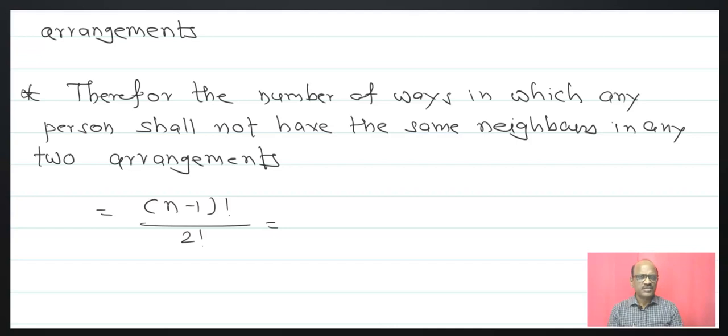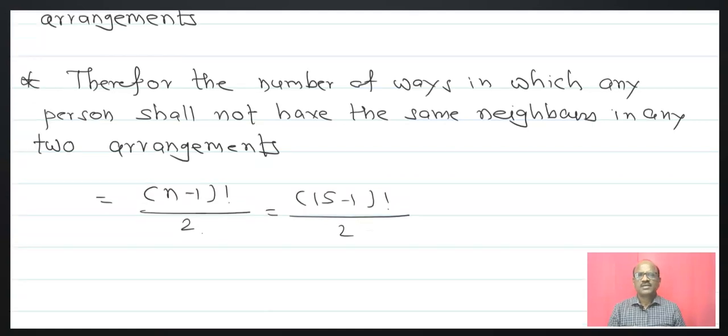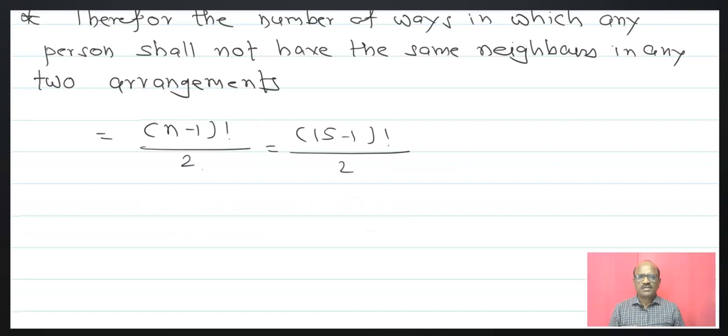That is, these two must be different. This is also a formula: 15 minus 1, that is 14 factorial upon 2.